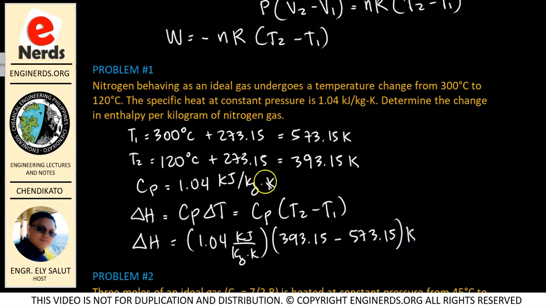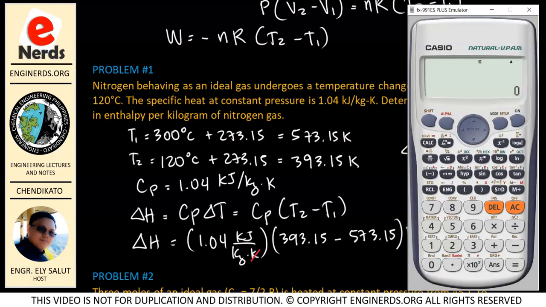Checking our units, Kelvin will be cancelled out, so our answer here will be in kilojoules per kilogram. Therefore, let us solve for our delta H. We have 1.04 times (393.15 minus 573.15), which is equal to negative 187.2.